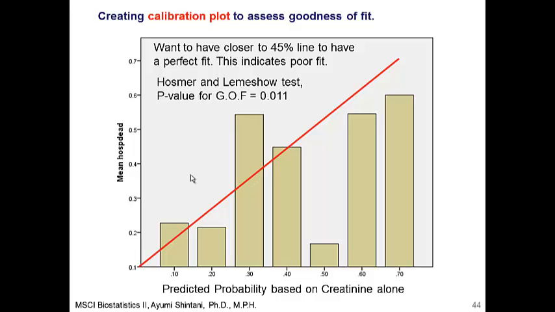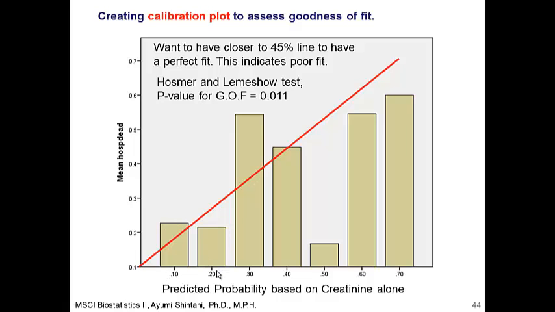And to do that, what we did is run a binary logistic regression, and everybody now has a predicted probability from 0 to 1 based on creatinine level, and we classify patients into categories based on predicted probability. So this is a group whose predicted probability is 0 to 10%.